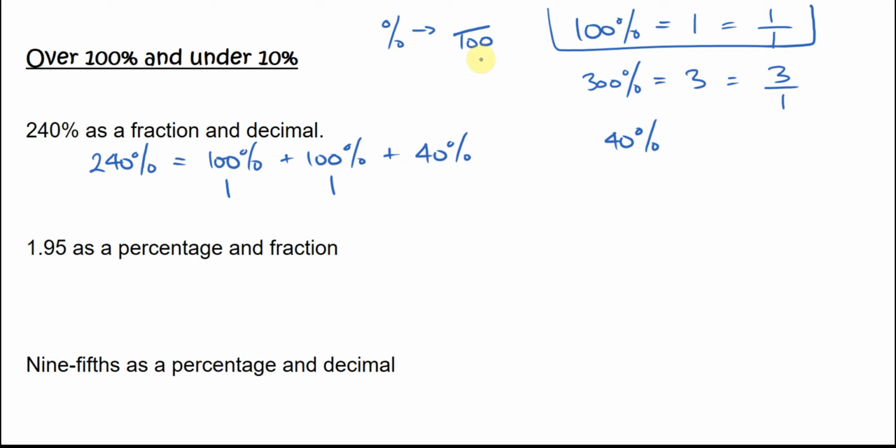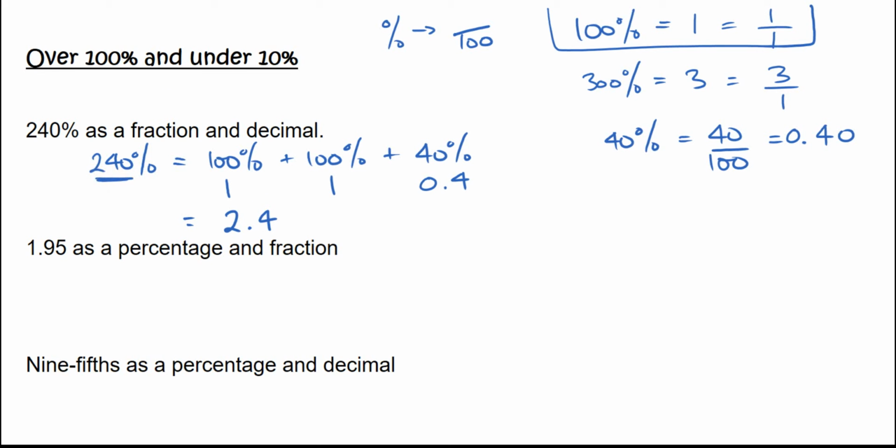Okay, so we're really thinking about hundredths when we're considering percent. So 40% is the same as 40 hundredths, which as a decimal is 0.40. So we've got 0.4 here. So as a decimal, this is 1 plus 1 plus 0.4, which is 2.4.